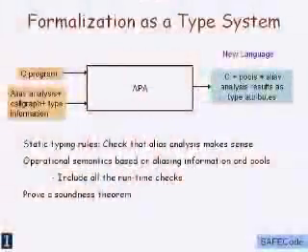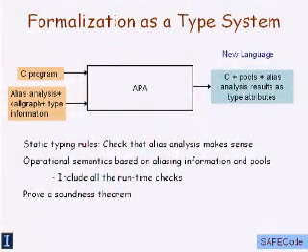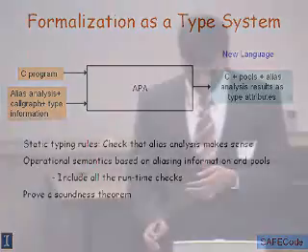Okay? And we're going to define operational semantics for this new language, which are based on this aliasing information in pools. These operational semantics include all the runtime checks that you ever need to do when you're running the program in this new language. Okay? And then we are going to prove a soundness theorem, which states that the alias information encoded in this type system is always going to be valid, regardless of the fact that there are memory errors or array bounds errors or dangling pointer errors.